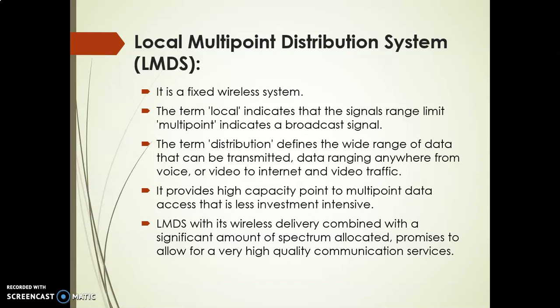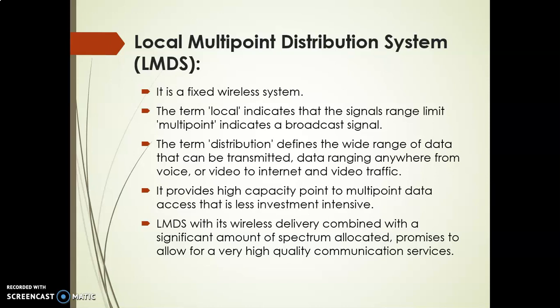The term distribution defines the wide range of data that can be transmitted, data ranging anywhere from voice or video to internet and video traffic. It provides high capacity point to multi-point data access that is least investment intensive.